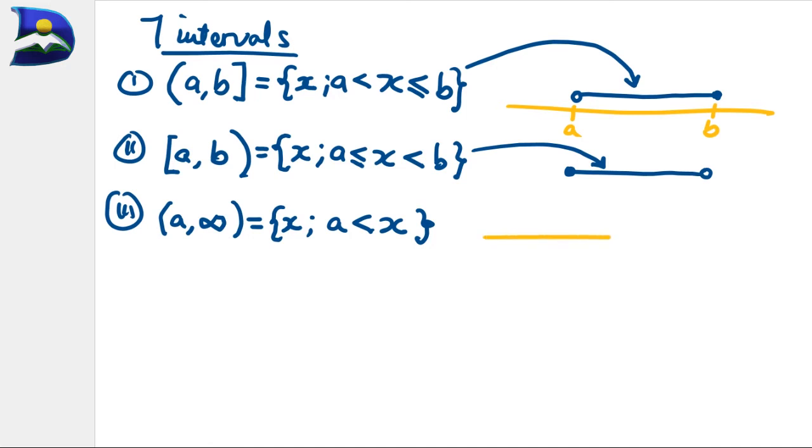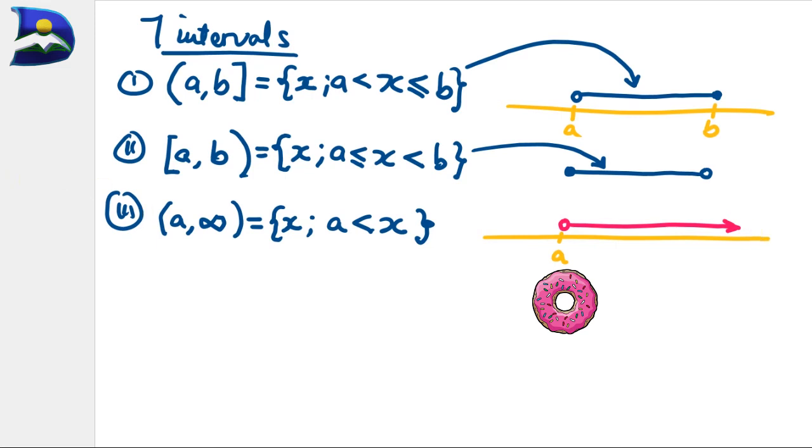After showing our number line and figuring out where A is, since A is not included because it is a curved bracket, we are going to have our donut first, and all numbers x are greater than A. Therefore, we are not going to the left, but to the right of our number line. And this shows you that, yes, I'm going to positive infinity. Now, that is really cool to see.